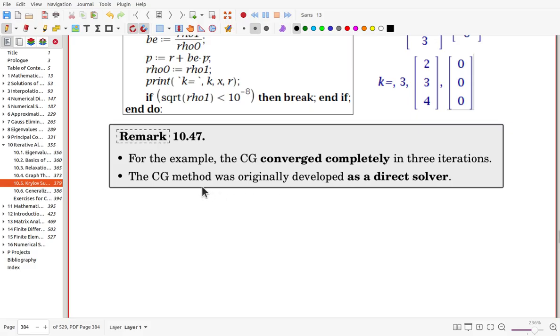The CG method was originally developed as a direct solver, because after n iterations, we may consider it as a direct solver. However, if n is, for example, on the order of millions or larger than a billion, do we have to run a billion iterations? No, we don't have to do that.